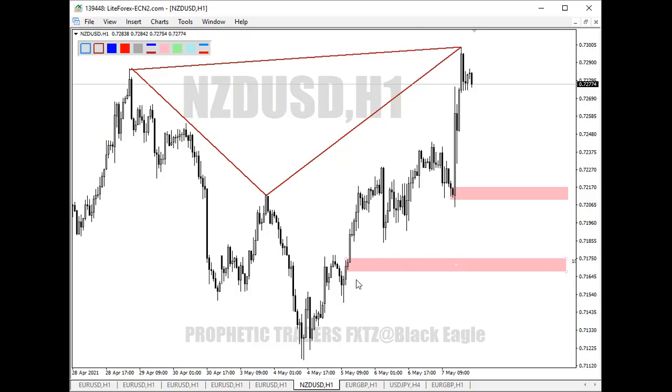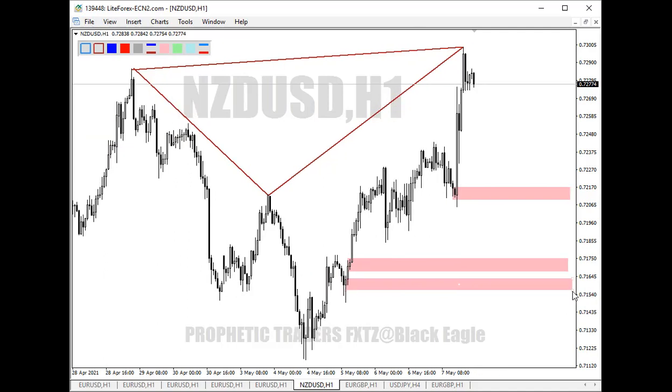Price might fall, price might rise, but these are all fresh. So price might drop to this here, then rise up to continue the bullish movement.